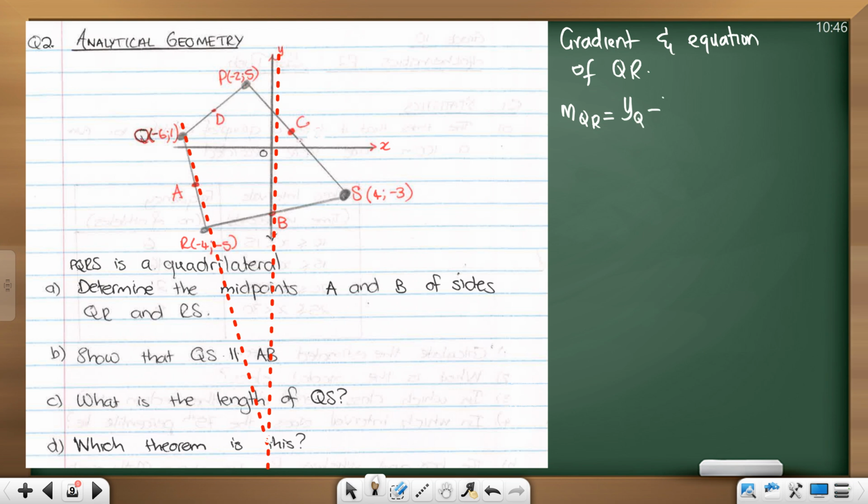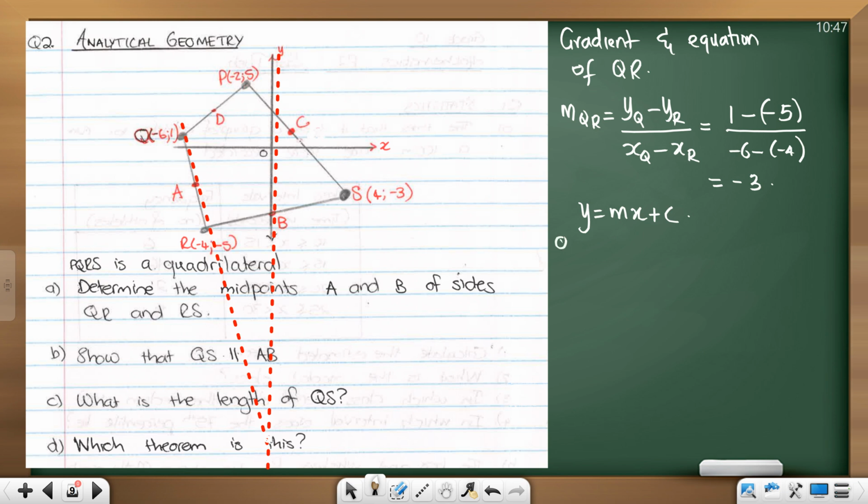So it's YQ minus YR over XQ minus XR, follow the order, QR. If you're using R, then say RQ. All right, what is the Y value of Q? Quickly, talk to me. 1 minus negative 5. So what's your answer here? Now, when we say y equals mx plus c, which point do you want to use?